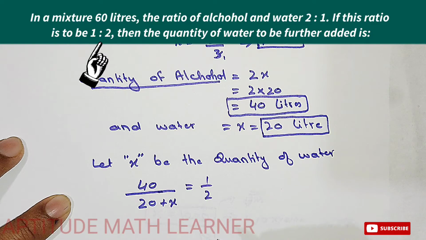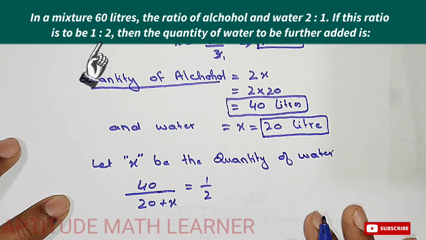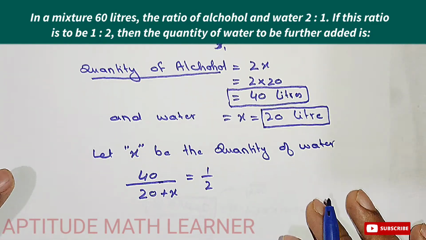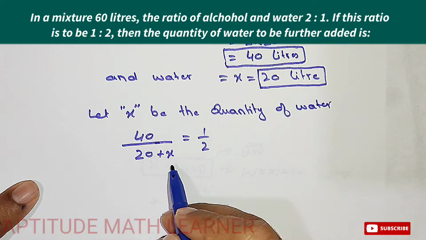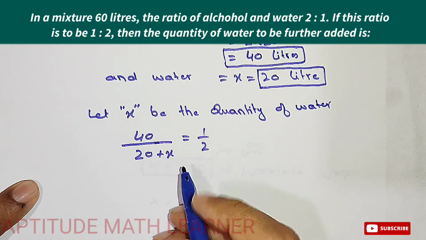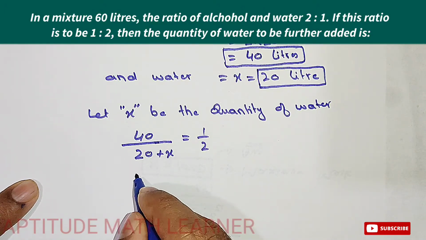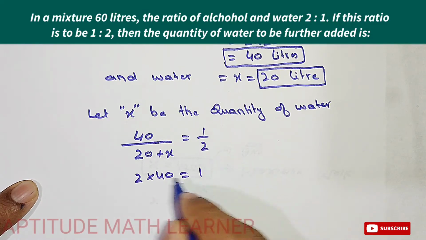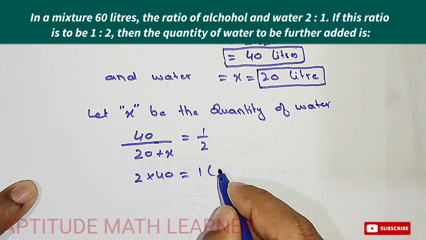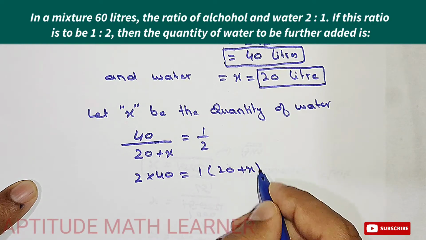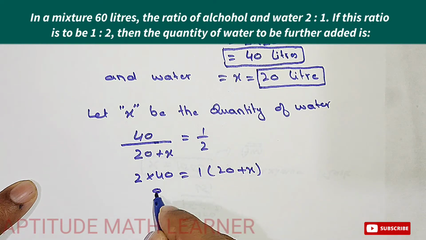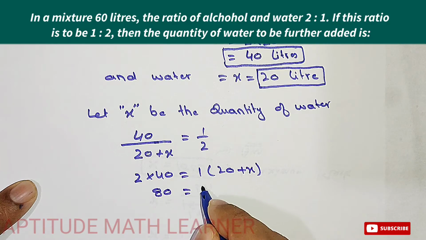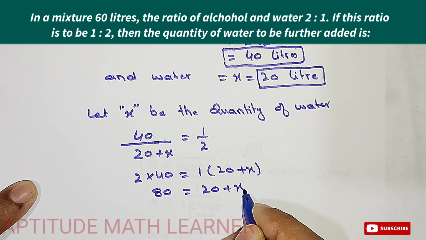I hope till here you have completely understood. Now we just have to simplify it to find the quantity of water, that is x. Cross multiplying, this becomes 2 multiplied by 40 is equal to 1 times (20 plus x), so 80 is equal to 20 plus x.